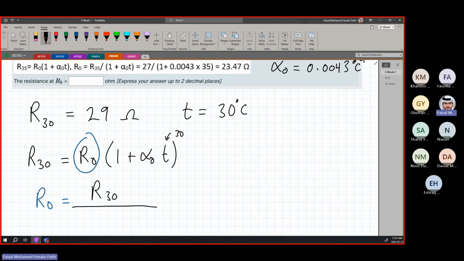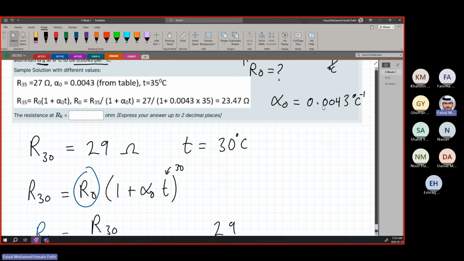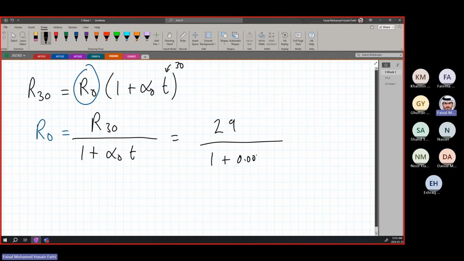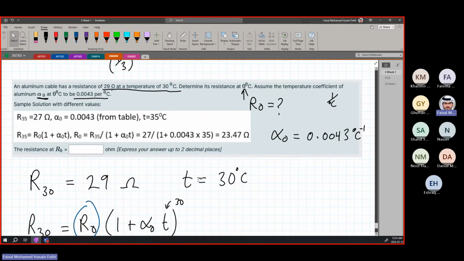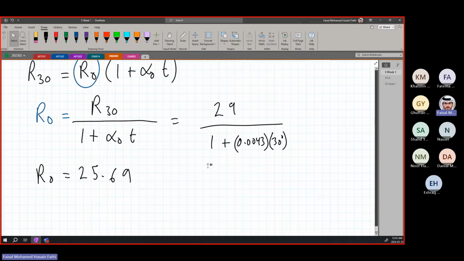Now we substitute in the values: 29 ohms over 1 plus 0.0043 times the temperature T, which is 30 degrees Celsius. And then you find R0. R0 is equal to 25.69. Very simple. You just apply the formula and move on.